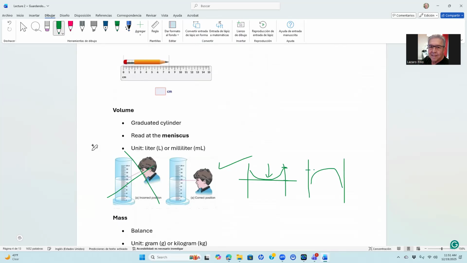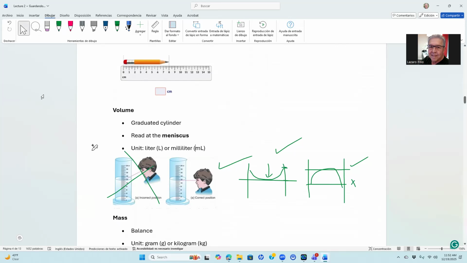So you have to read at this place and not at this place. This is incorrect. This is correct. Generally, this is what we are going to find.